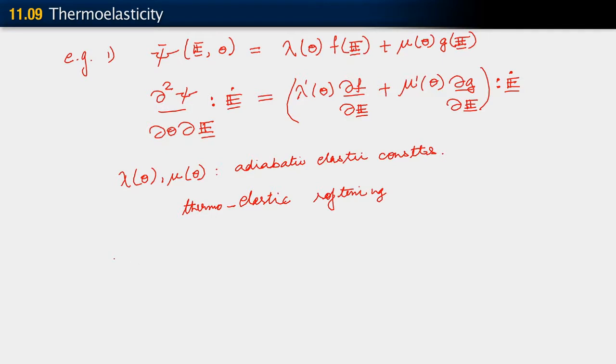All right. The second example is actually much more interesting to me. Okay. So the second example is one in which we are saying that psi bar of E and theta depends upon theta not through the elastic constants, but through something else.